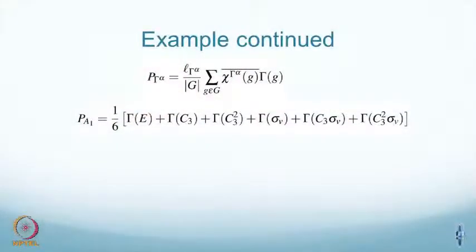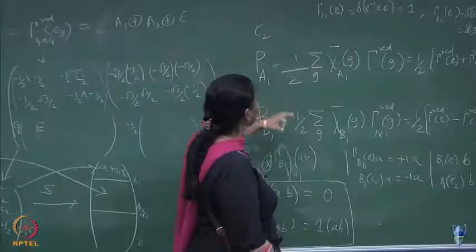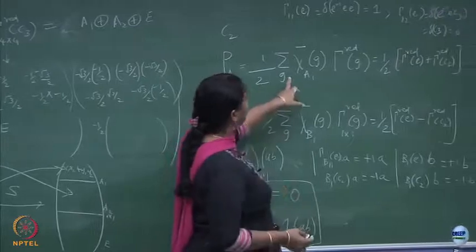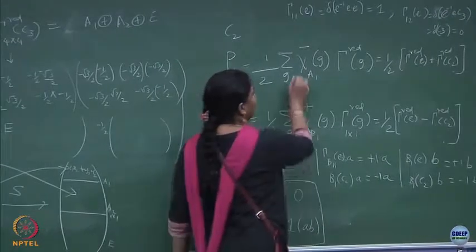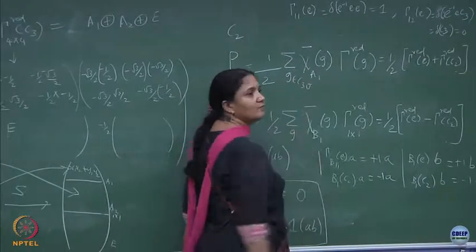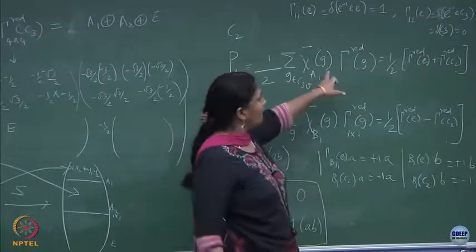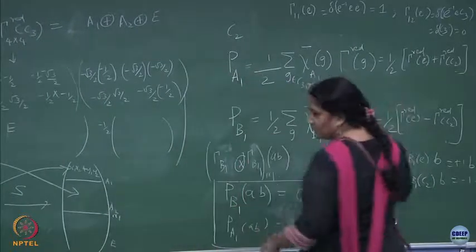So, this is what I am trying to show on the screen here. So, I have explicitly tried to write PA1. In the case of the C3V group, all the characters are plus 1 using this formula. But now you replace it by all the elements of C3V, and do not worry about this.